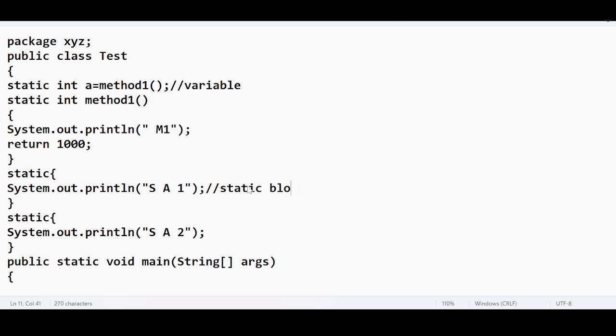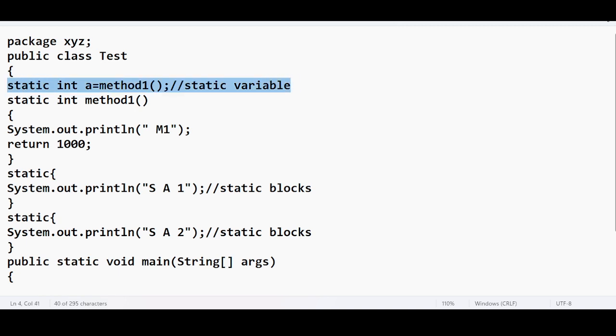You are supposed to focus on static variables and static blocks because they are getting recognized automatically at the time of loading the .class file to the JVM. So this recognition is very important. As a programmer, you need to recognize if there are any static variables and static blocks. Yes, there is one static variable and there are two static blocks.